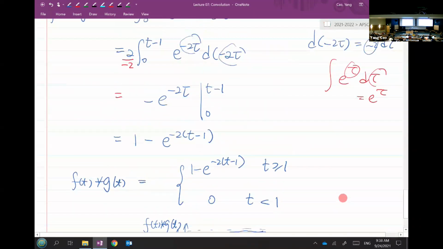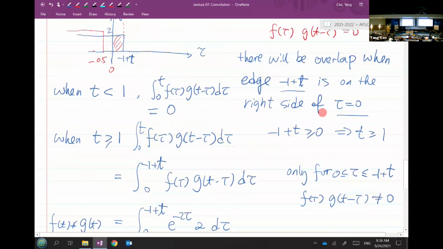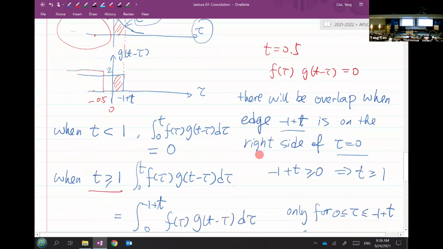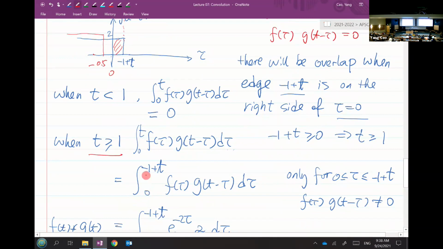But I still want to go back to this question a little bit. This step, I think I need a little more comment. So t greater than or equal to 1. In this question, I have only identified this one range, t greater than or equal to 1, which is the multiplication of the 2 graphs, and the integral limit is 0 to t minus 1.